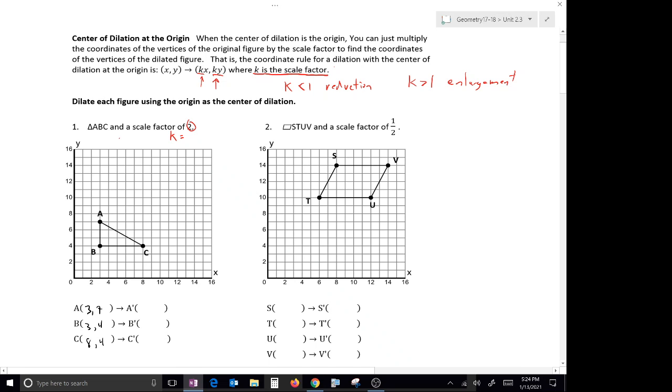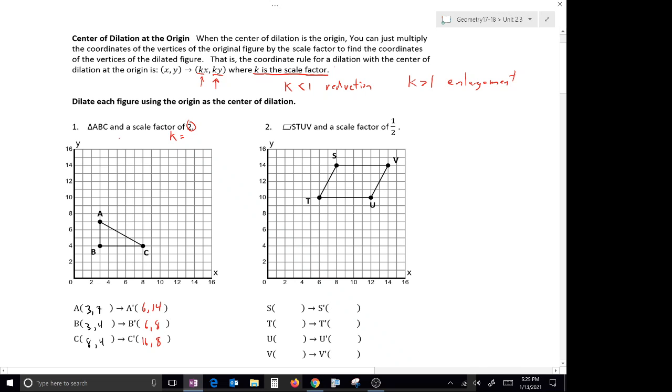So we're going to multiply each of these coordinates by 2 to get our new coordinates. So A prime is going to be at 6, 14. B prime is going to be at 6, 8. And C prime is going to be at 16, 8.